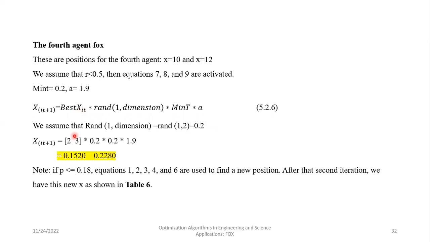We have the best Fox in the first iteration, position 2, 3, and a random dimension from 1 to dimension. We found random 0.2, and then with the time 0.2 and A at 1.9, we found the position: 2 multiplied by this, and 3 multiplied by all these. Then we found this one.